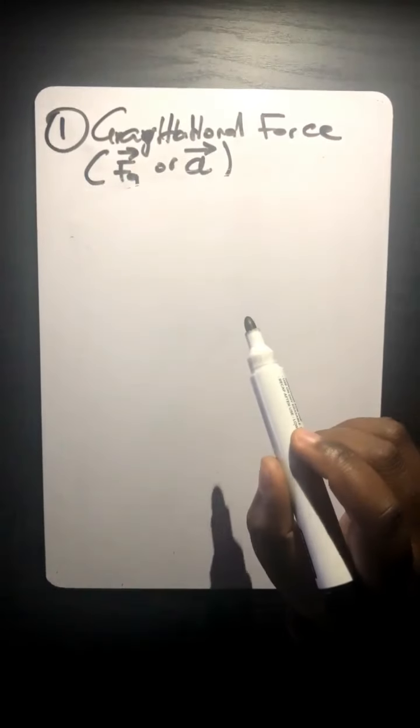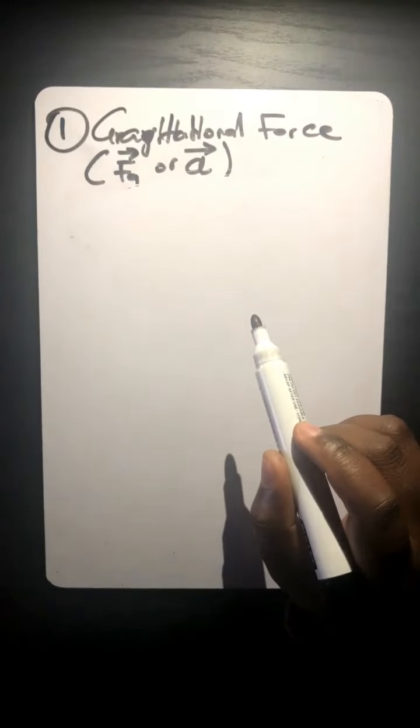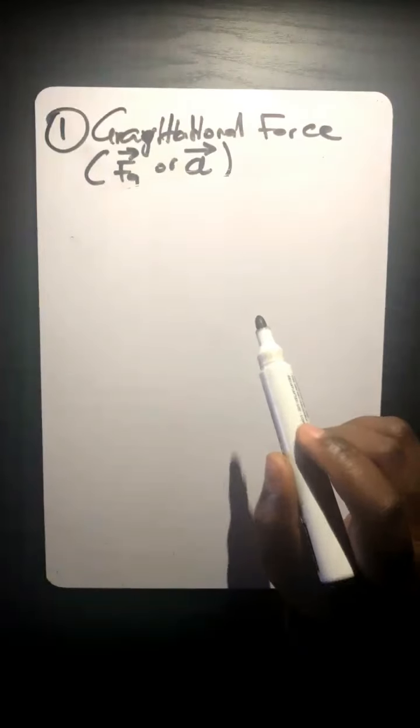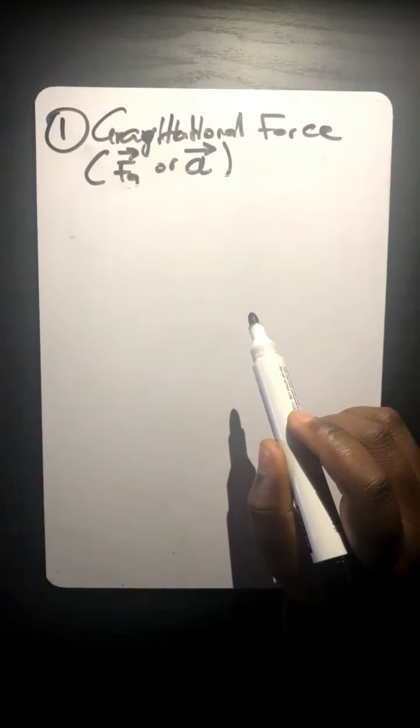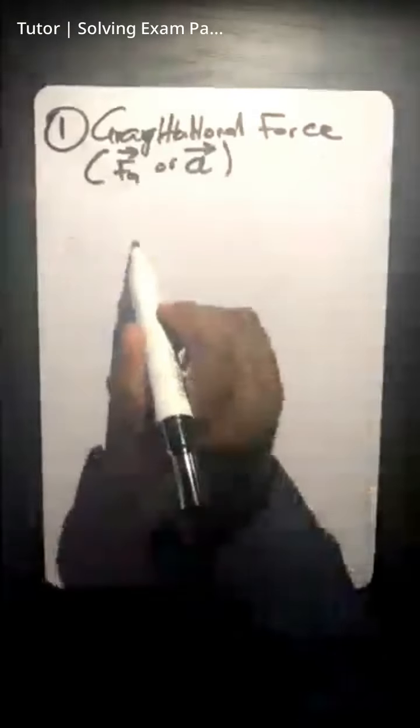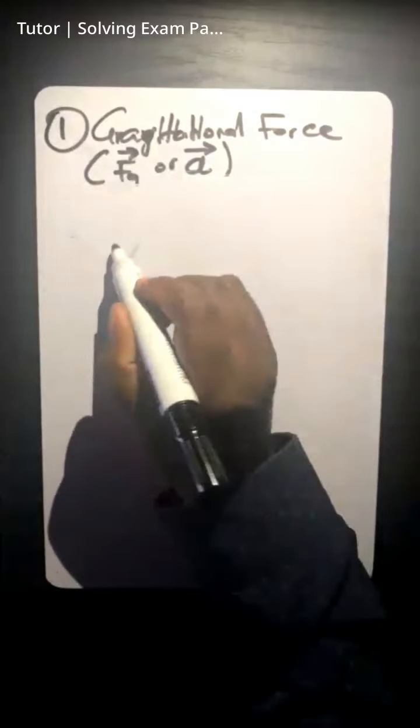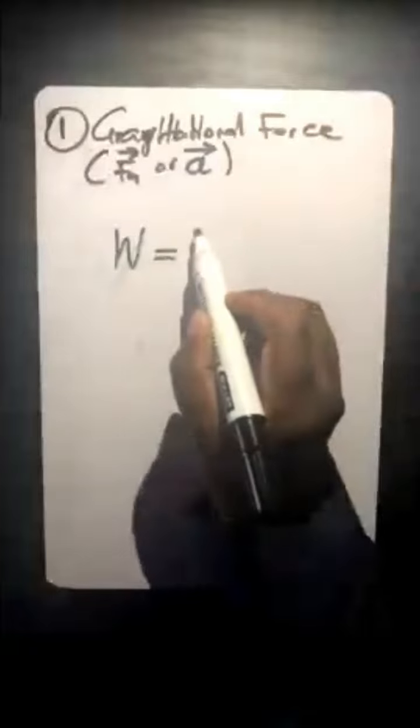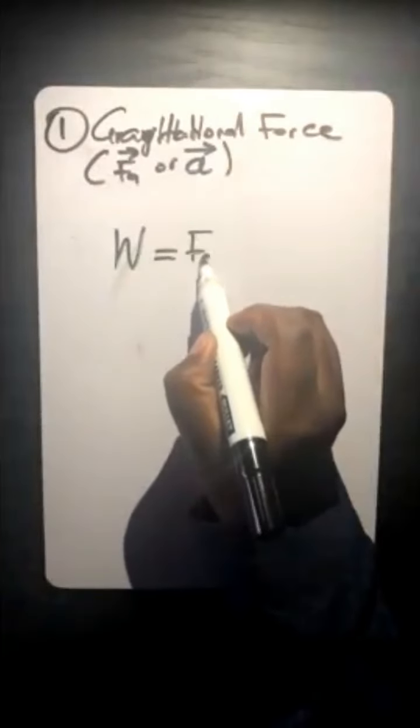So what I'm explaining is that the weight of an object is the same as the gravitational force on the object. Let me start with the weight because that's what I'm talking about. I'm saying the weight of an object is equal to the force of gravity.